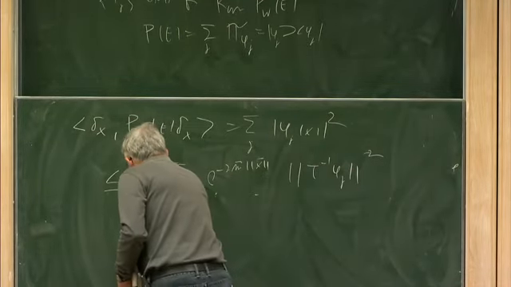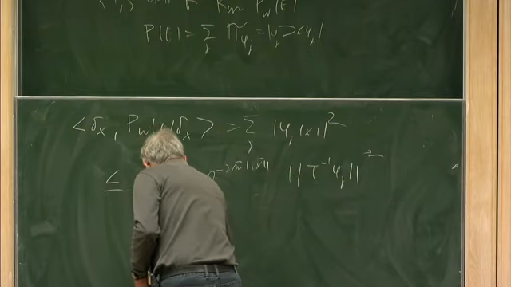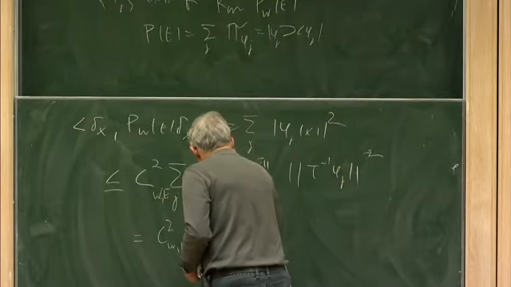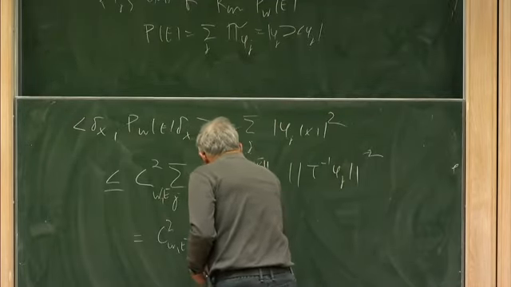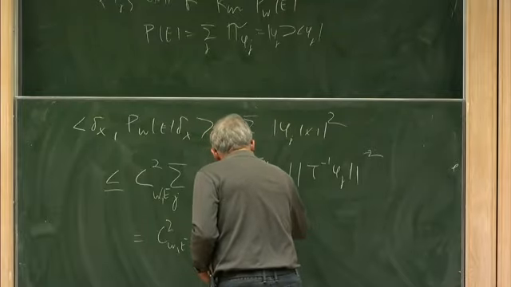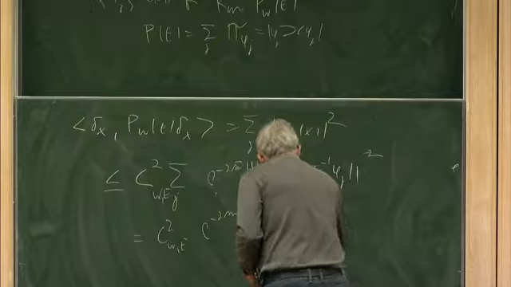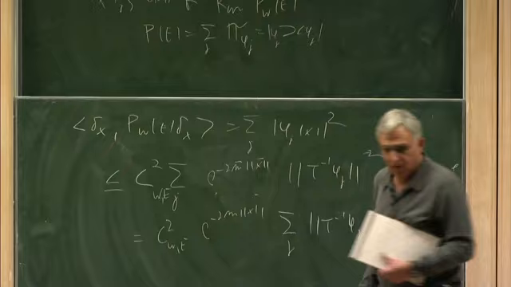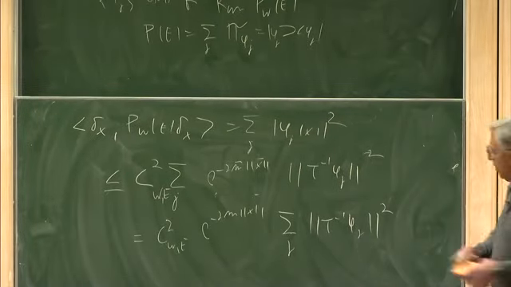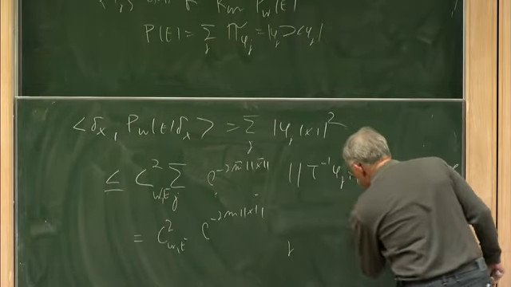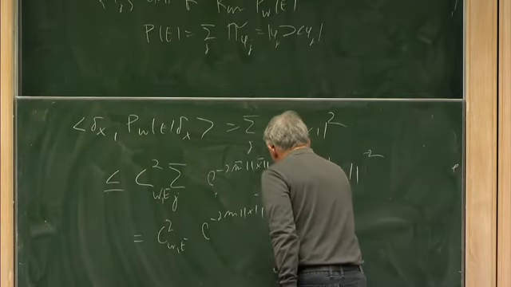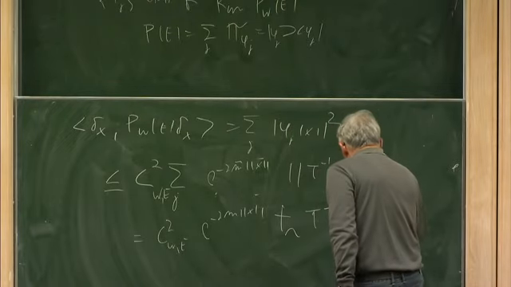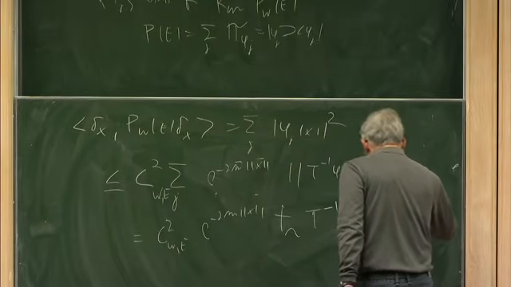So it's c squared, this depends on omega, depends on the energy, times e to the minus 2m x, summation in j of T inverse of phi_j squared. But if you look at what this is, it is simply the trace of T inverse P of E T inverse.